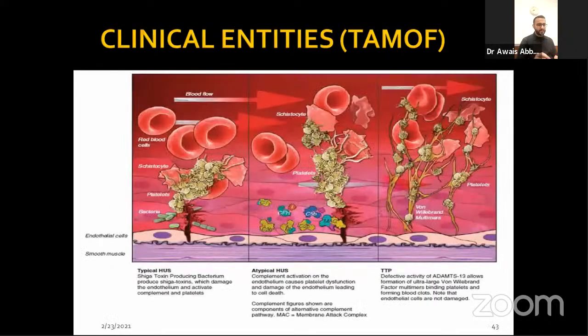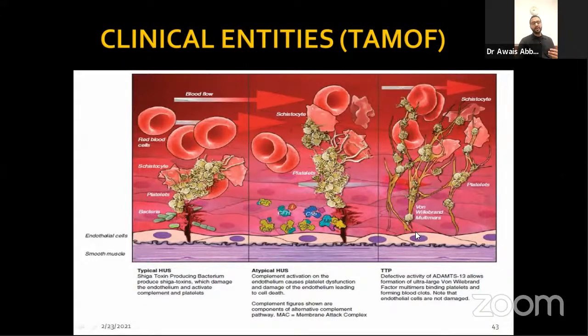So here is a small picture that shows what is going on. Any toxin or bacterial PAM can induce endothelial injury that results in platelet aggregation, and also causes hemolysis that results in the production of schistocytes. Besides that, because of the endothelial injury, ADAMTS levels also decrease.